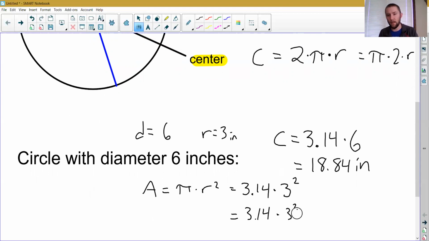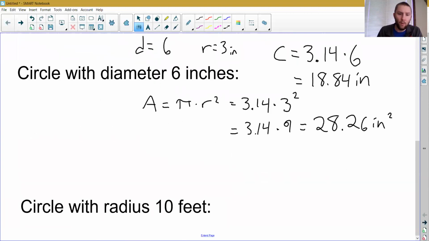Whoops, I meant to write 9 there. 3.14 times 9, which gives me, let's see, 28.26. And that's in inches squared, okay? 28.26 inches squared. So when you're given the diameter of a circle, make sure that when you calculate the area, you do cut that in half to find the radius, okay? And for circumference, you can just use the diameter as given.